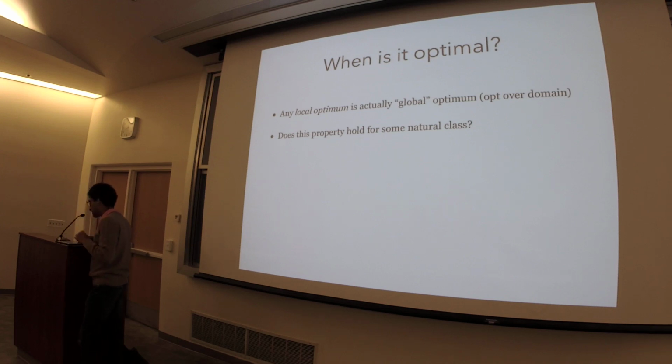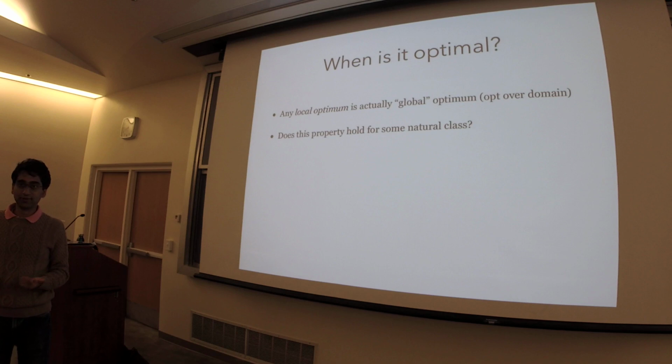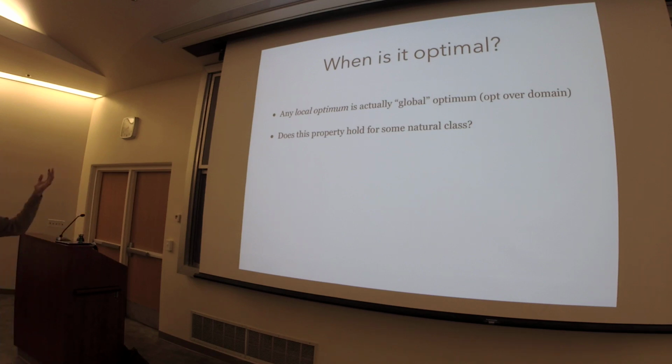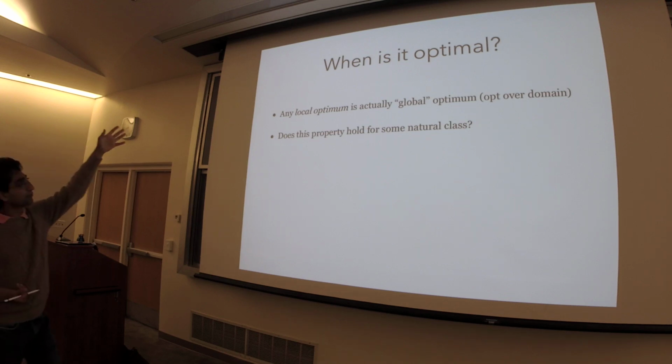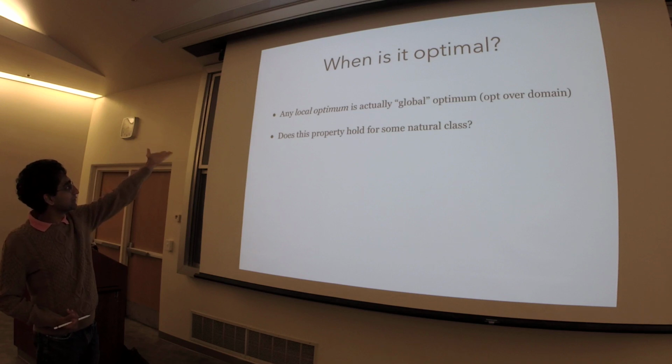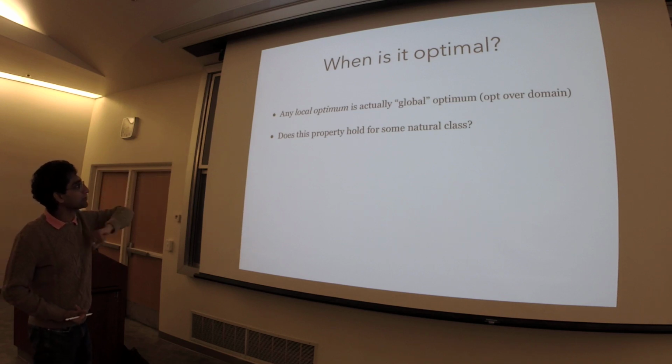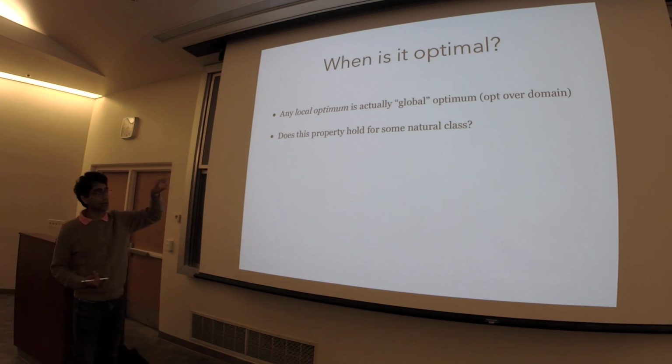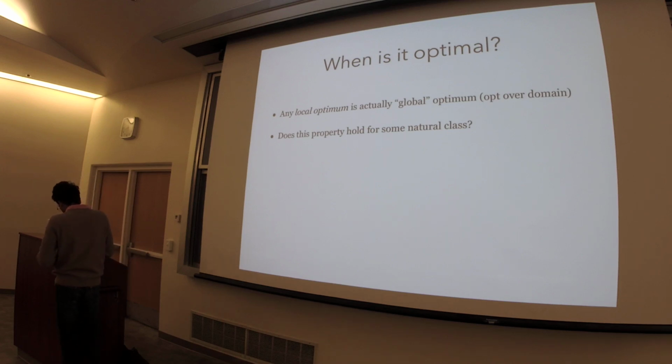The question you should ask yourself is, when does this lead to an optimal solution? This is a natural procedure for sure, but when does it lead to an optimal solution? The only time these procedures lead to an optimal solution is when any local optimum is actually a global optimum. What do I mean by local optimum?